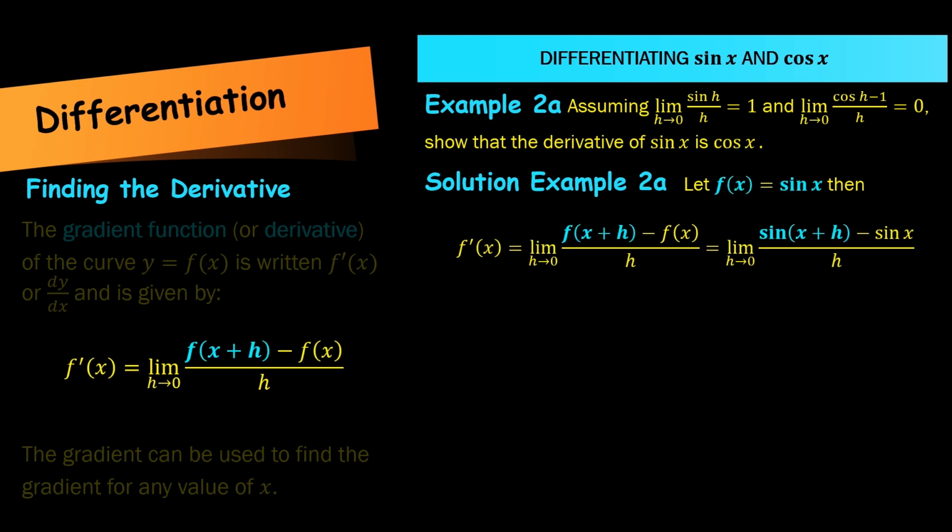So we have f of x plus h is sin x plus h, as shown. f of x is sin x, as shown. And h remains as it is in the formula.